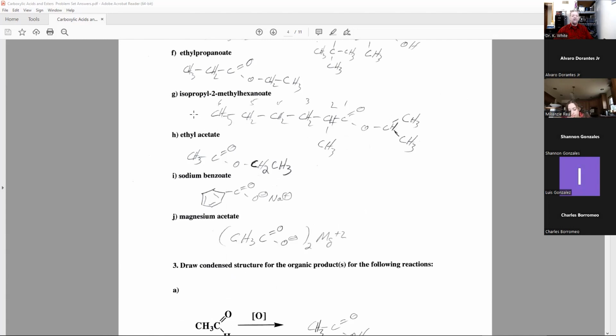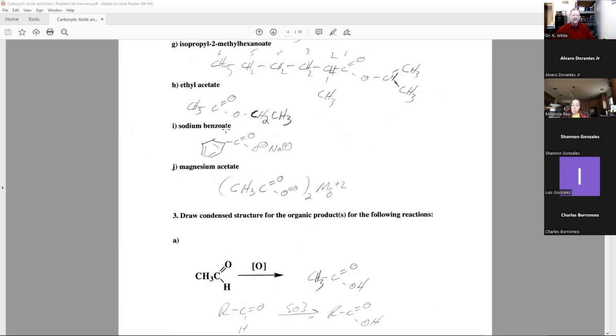And cross off G, I shouldn't have put it down because I said I wouldn't put an alkyl group on the R of the ester. So cross that off. Now, common name, H, ethyl acetate. Nobody calls it ethyl ethanoate. That's the structure you should know from the common name.